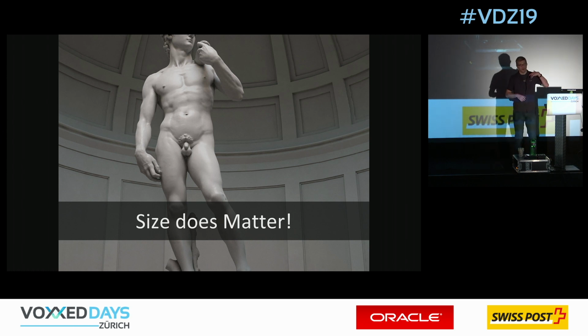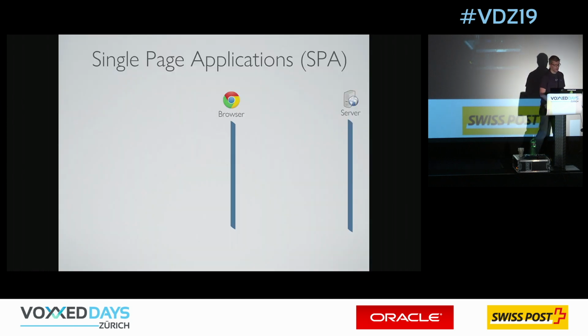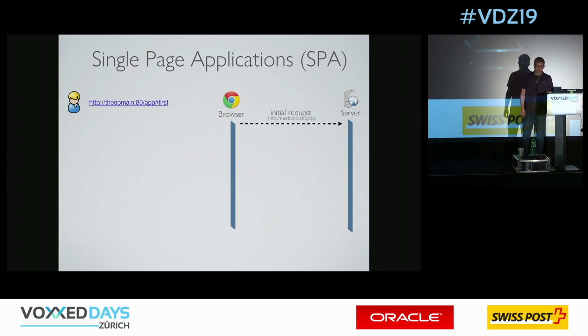But this became even more important with the rise of single-page applications, because with single-page applications we are not delivering single pages, we are delivering whole applications into the browser, and the size of these applications is actually relevant now. If we browse to a single-page application, our browser makes a request to the server, and the server serves us a document, but this document is basically empty.